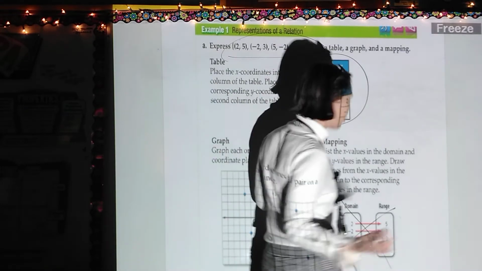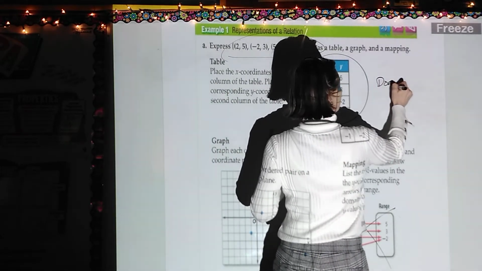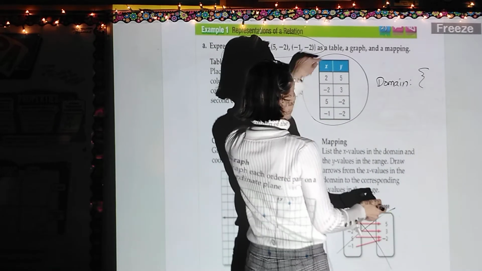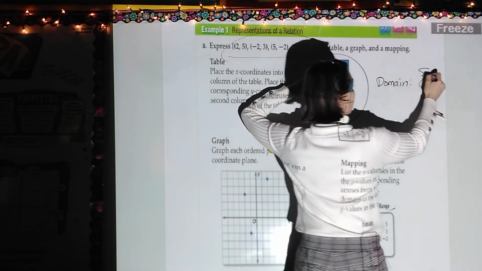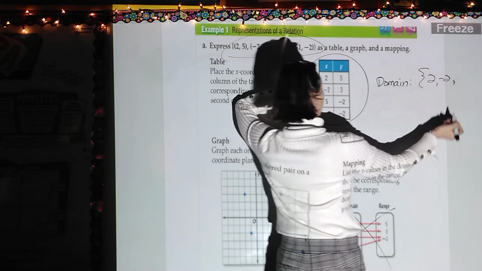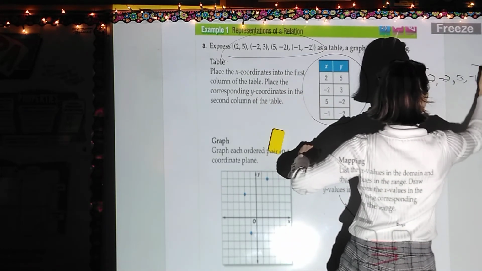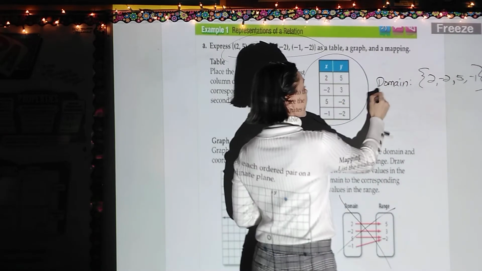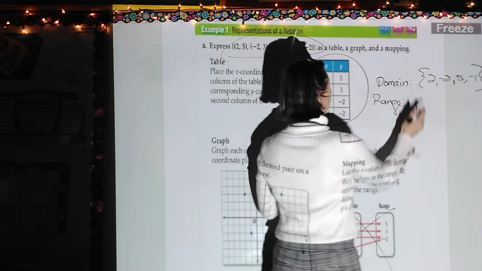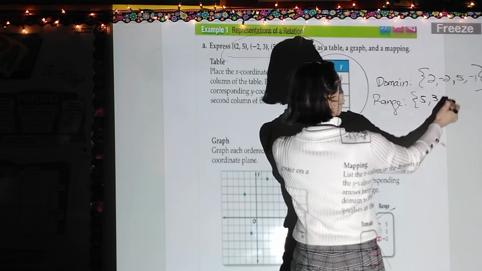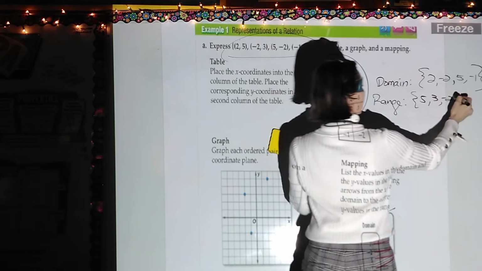Then you would write the domain is 2, -2, 5, and -1, and for the range, you would write 5, 3, -2.